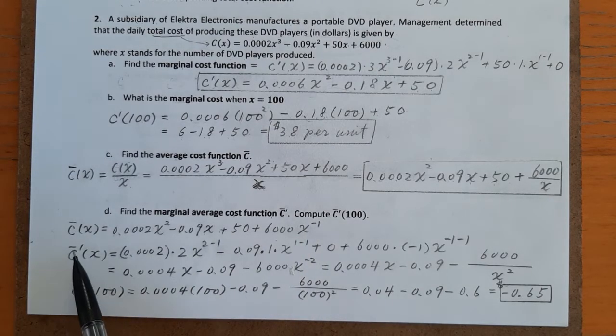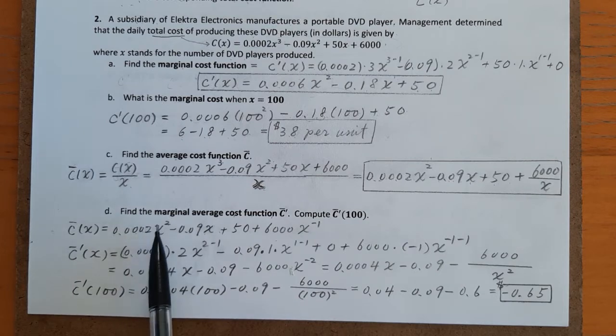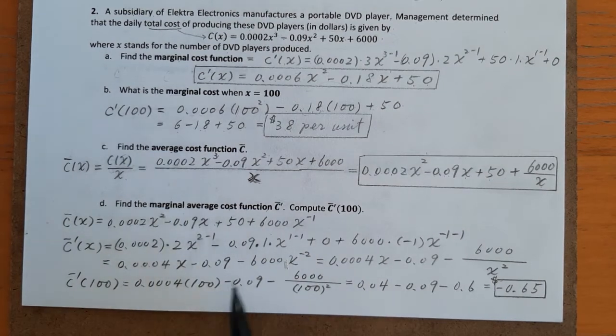So then you take the first derivative. 0.002 times 2 is 0.004, x to the power 2 minus 1, get x to the power 1, minus 0.09 times 1 is 0.09, x to the power 1 minus 1 is x to the power 0, is 1.